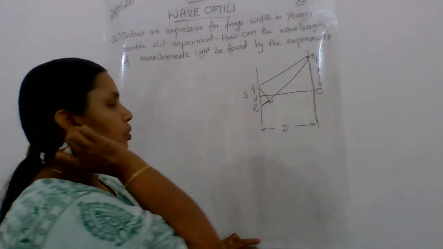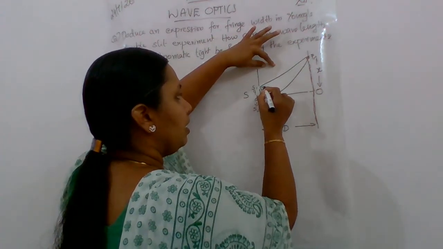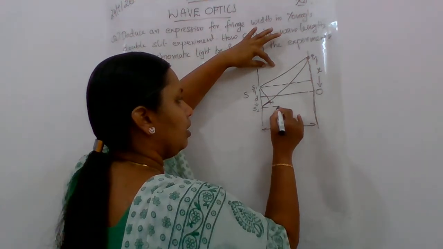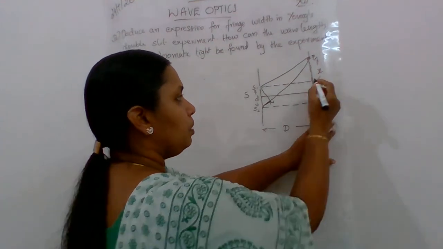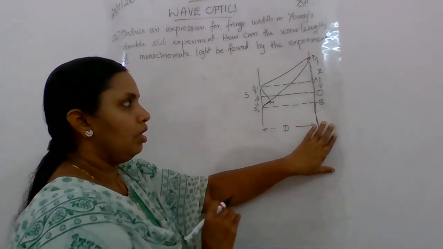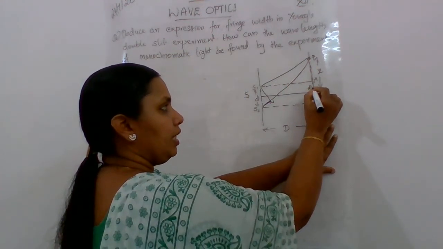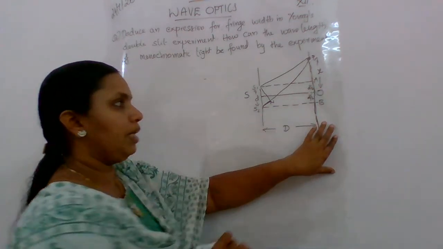So I am doing some construction here, from S1 I am just joining to the screen. I am taking this point as A and this point as B. This is D and this is the center. We can take this as D by 2 and this is also D by 2.